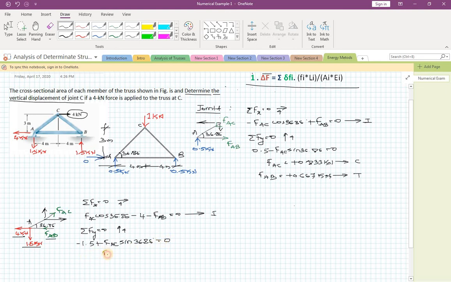If I solve, I will get the value of FAC as plus 2.5.